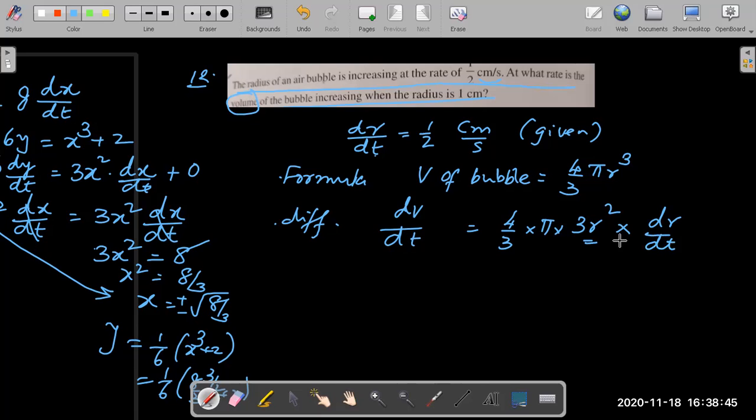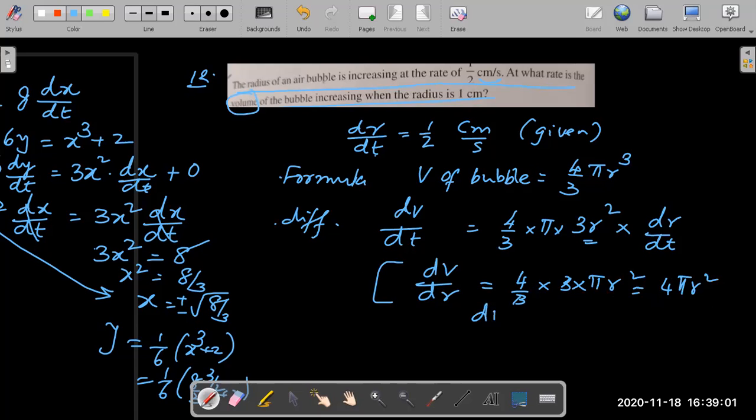You could do it this way, or the other way I explained. First get dv by dr, that is equal to 4 by 3 into 3 pi r square. So you will get 4 pi r square. This is dv by dr. To get dv by dt, we do dv by dr multiplied by dr by dt.